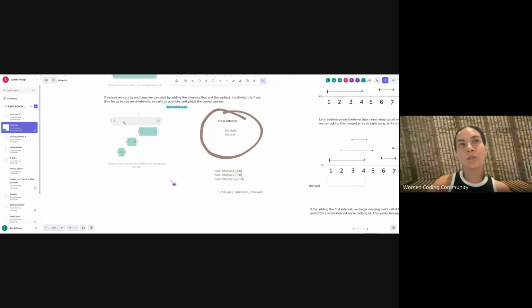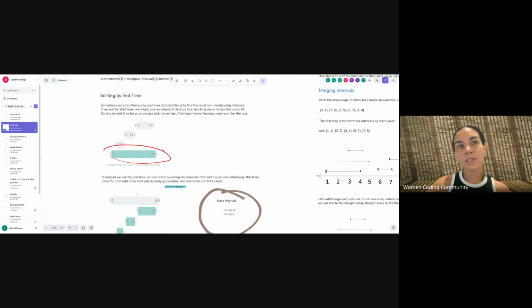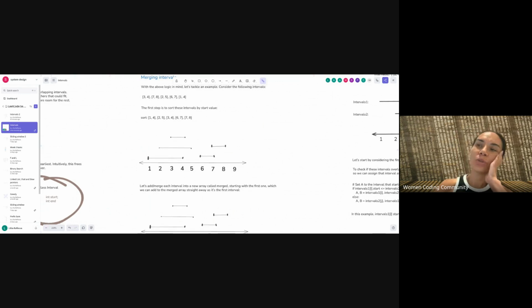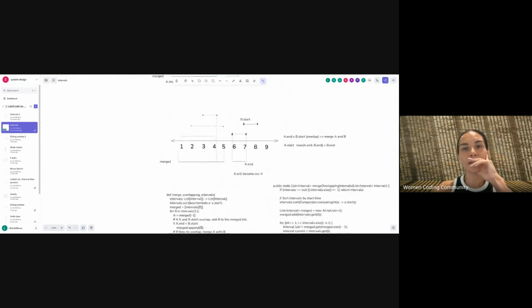Yeah, because you will take intervals, and then you need to move. You will compare the first two, then you need to make a decision how you're going to move. You can't take this one and move directly to this one. Let me think how to explain better.